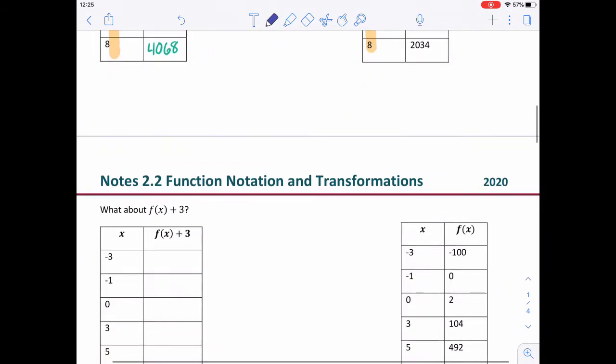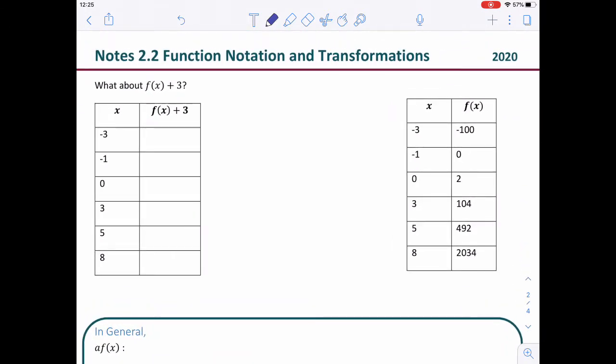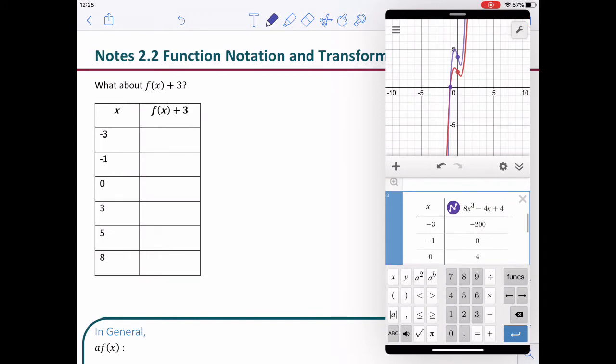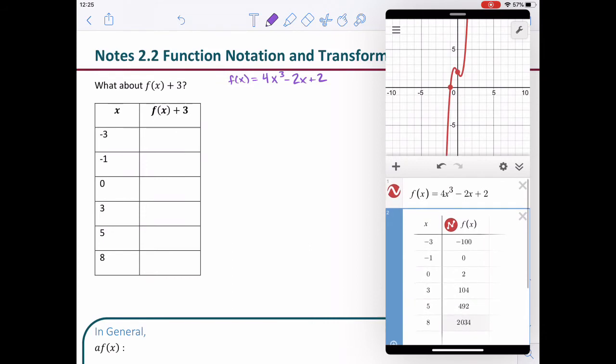So let's look at a different one. What if, instead of multiplying, we add? So let's bring our function back so that we have our original table on the right. And so this time, we're going to add 3. And so we can do the same thing we did before and write that out. So f of x, if you remember, was 4x cubed minus 2x plus 2, right?